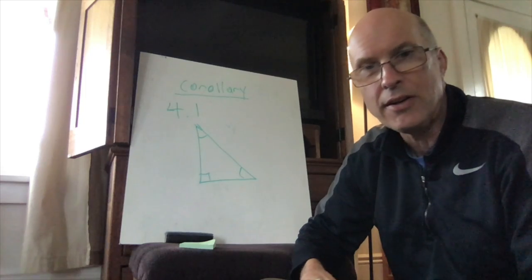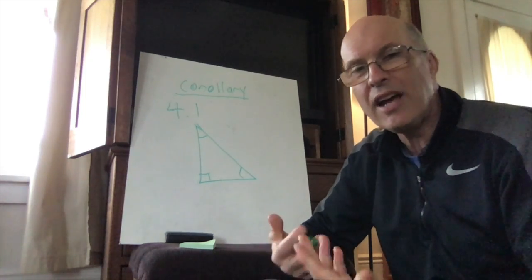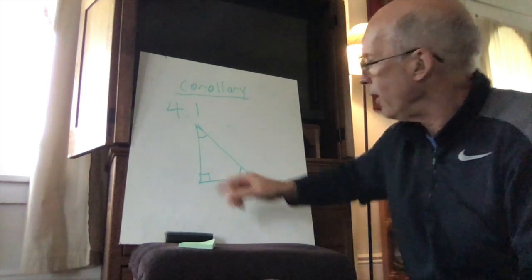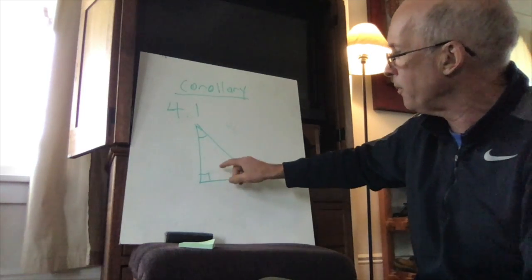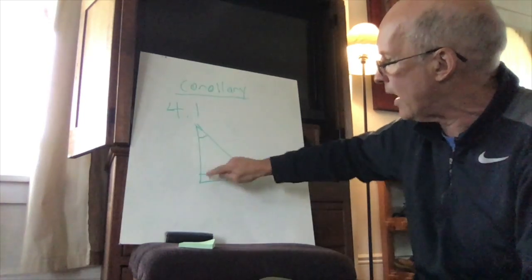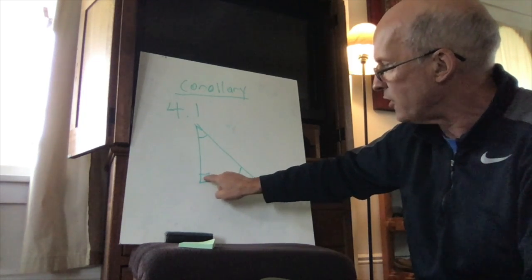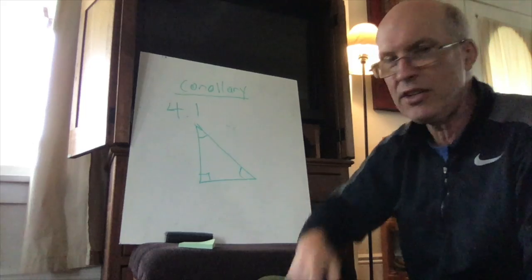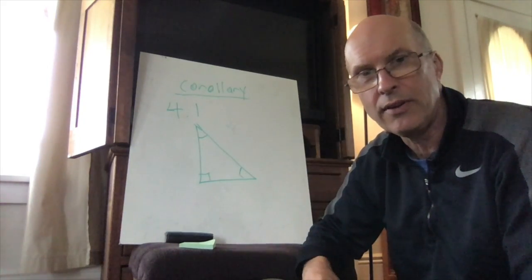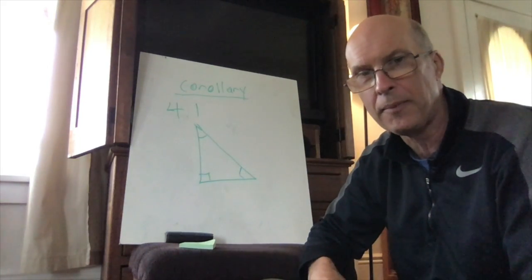They add up to 90 degrees. And do you see how that's a direct result? Theorem 4.1 said that these add up to 180 degrees. If I know this one's 90, so I take away 90, that leaves these two adding up to 90 degrees. Okay, it's just a straight result from that.